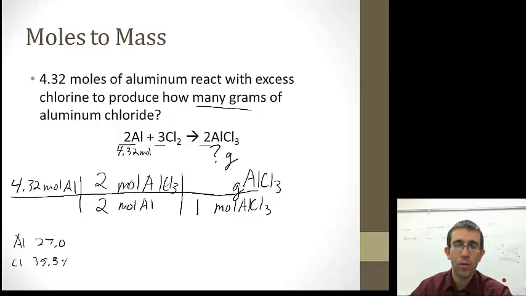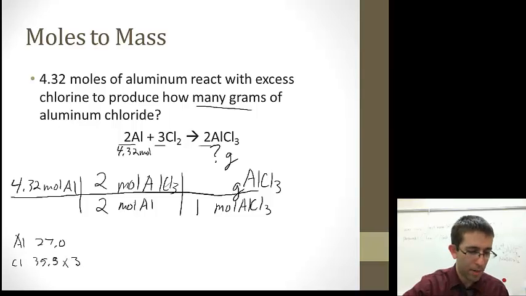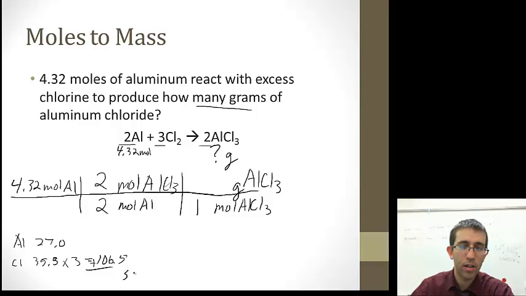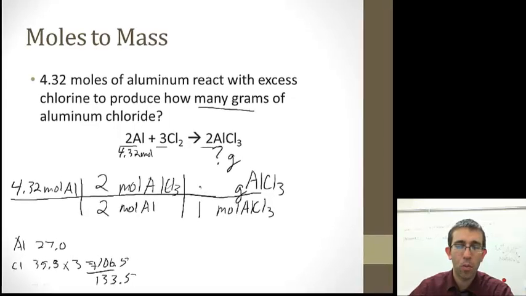I have 3 chlorines, so I need to multiply that by 3. And that's going to give me 106.5. And then I'm going to add my aluminum and my chlorine together. When you do that, you get 133.5.